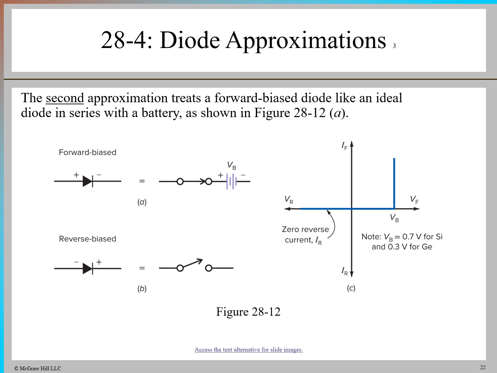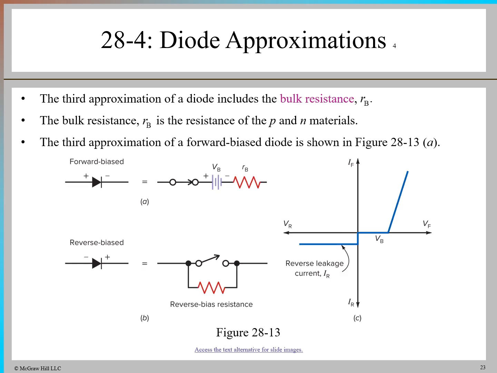The third approximation of a diode takes into account the bulk resistance of the P and N materials as shown in figure 28-13A.